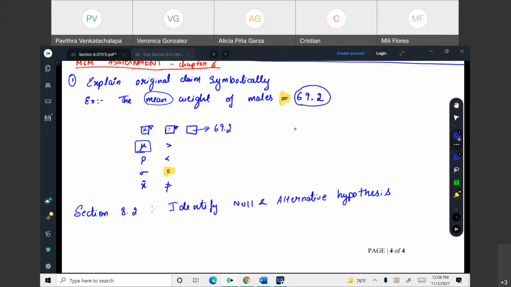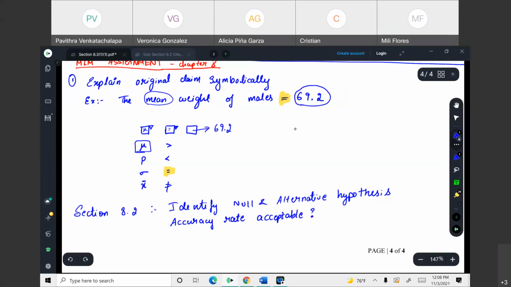Now after this, you might have one more question which will ask you to check for the accuracy rate. Okay, is the accuracy rate acceptable? So how can you decide on this? So this mainly depends on the p-value.